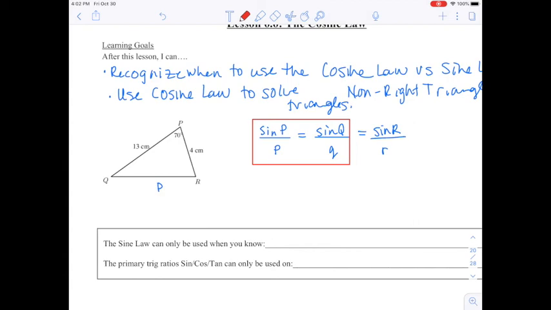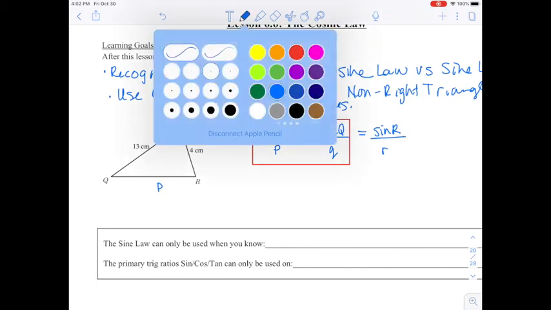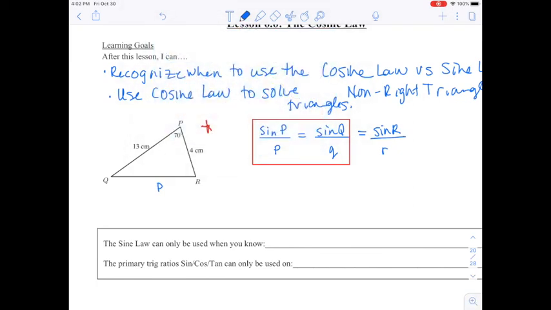But what you'll notice is with this particular set of information, we can't actually solve for anything, because if I write out the sine law for this, it would be sine 70 degrees over P equals sine Q over 4, which equals sine R over 13.